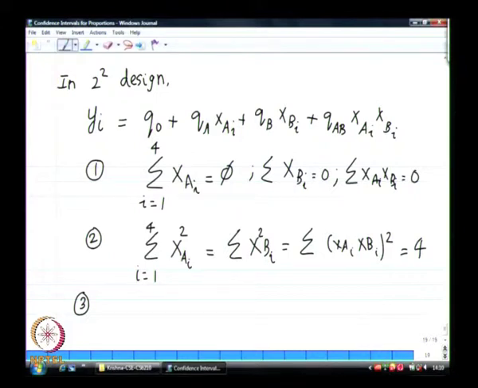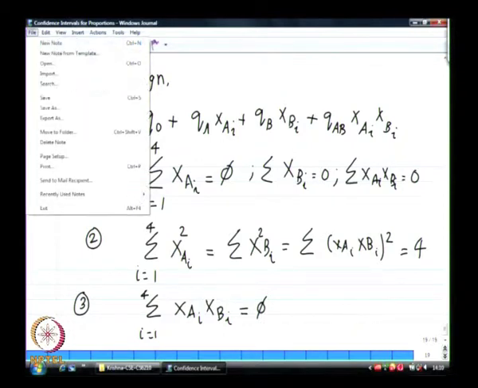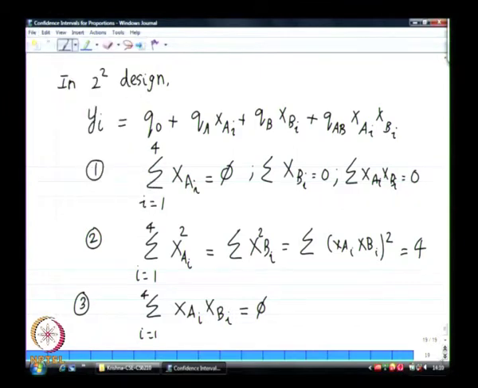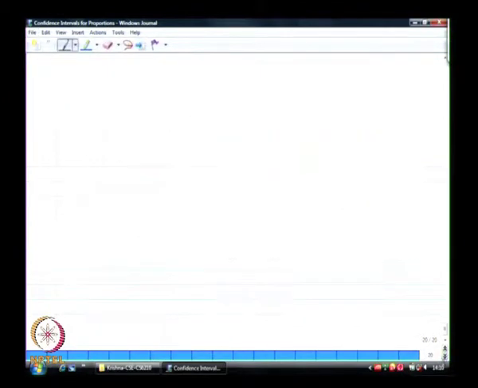If you look at column A and B, right, then what is the dot product? Okay. So likewise ai into that ai bi column is also 0. So all the corresponding column products, right, go to 0. Okay.